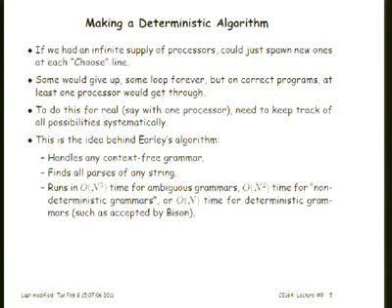Okay, so this is an algorithm. We're going to see an algorithm that handles any context-free grammar. It finds all the parses of any string. So if it's ambiguous, it works fine. And it's really very nice. It will recognize a string as being a member of a grammar in n cubed time if the grammar is ambiguous, in n squared time if the grammar is non-deterministic.